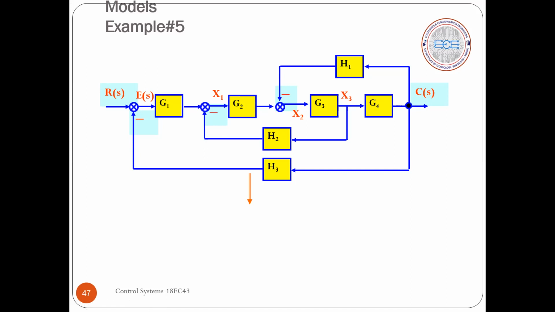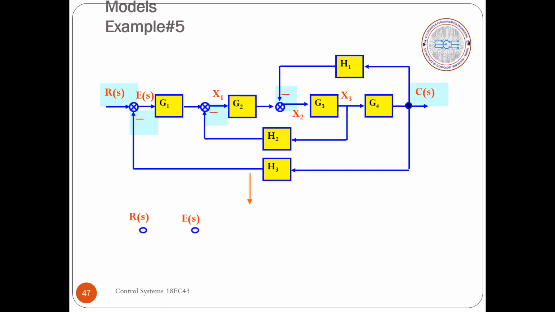I repeat, how many nodes you will be having in a signal flow graph. For a given block diagram, you will be having one input node, one output node, and the number of summers will become the number of nodes there, and the number of takeoff points will become the number of nodes again there. Okay, so we'll see now.